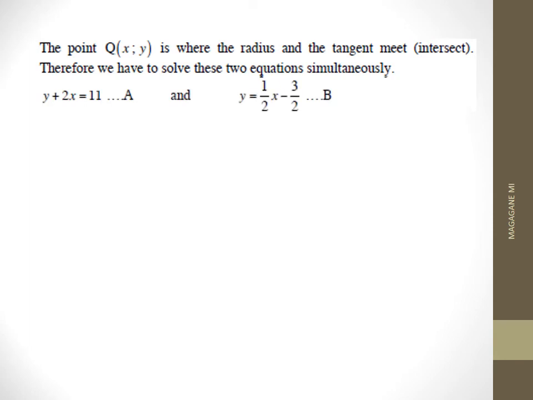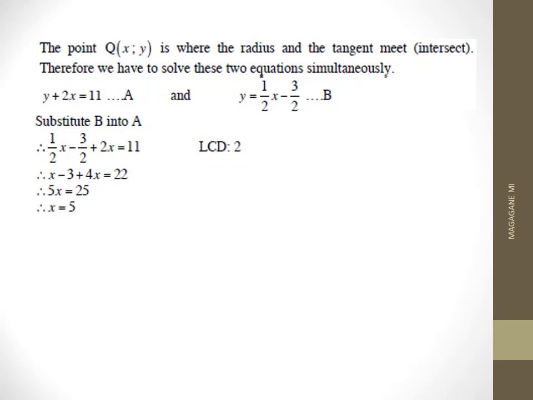The equation of the tangent is y plus 2x equals 11, so you can call it equation A, and the equation of the radius is y equals 1 over 2x minus 3 over 2, you call it equation B.